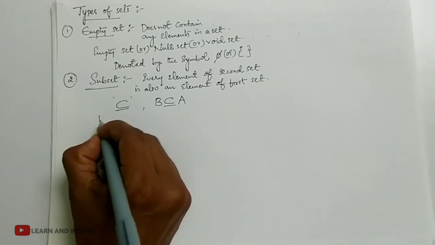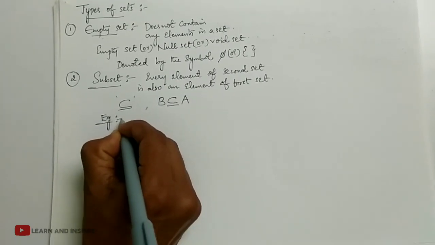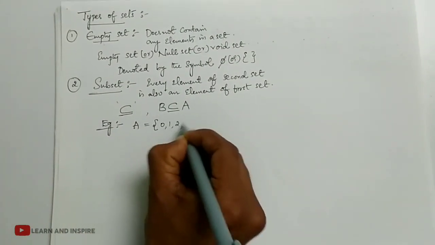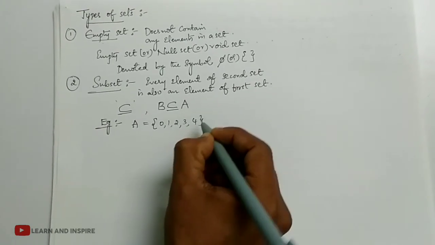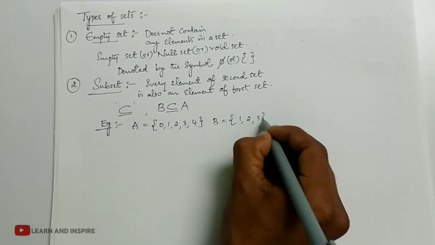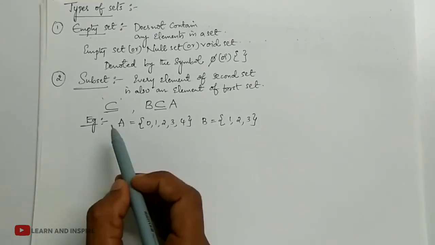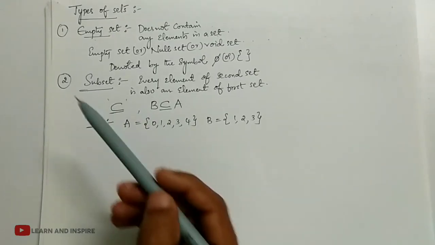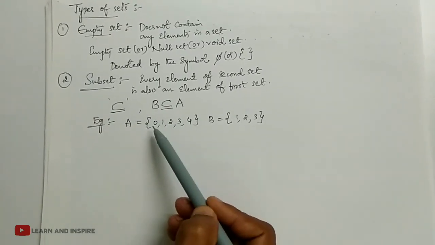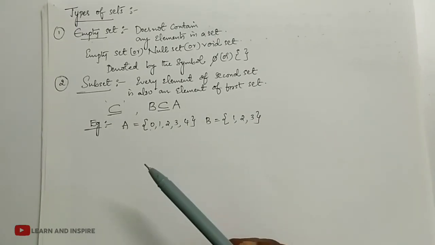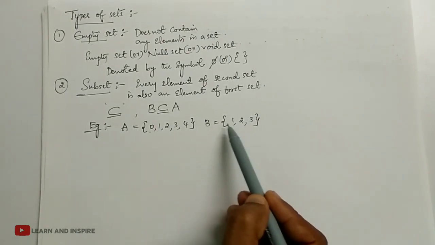So let us take one example. Set A is equal to 0, 1, 2, 3, 4, and set B is equal to 1, 2, 3. So from this we can say that B is subset of A. Why? Because the elements of set A are 0, 1, 2, 3, 4, and set B elements are 1, 2, 3.